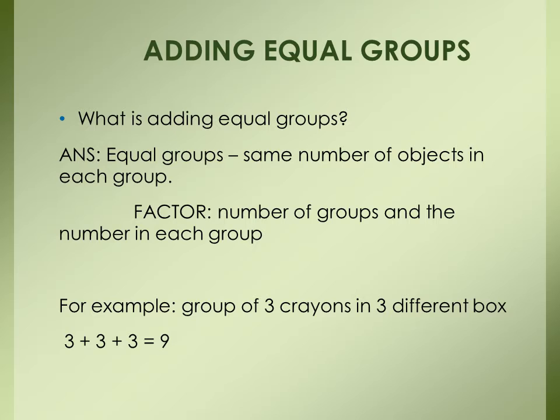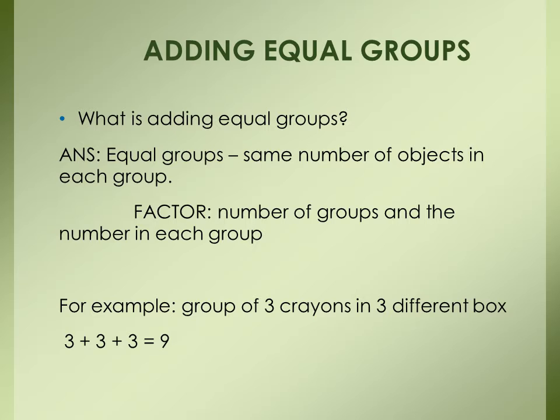Similarly, if we have a group of 3 crayons in 3 different boxes, we will have 3 plus 3 plus 3. Now students, why are we adding 3 plus 3 plus 3?